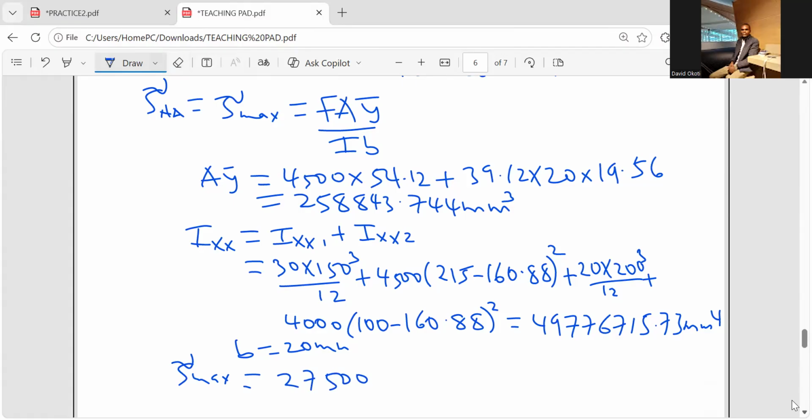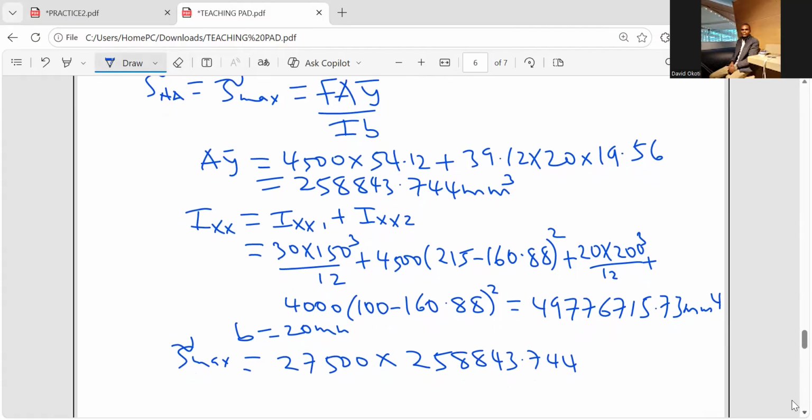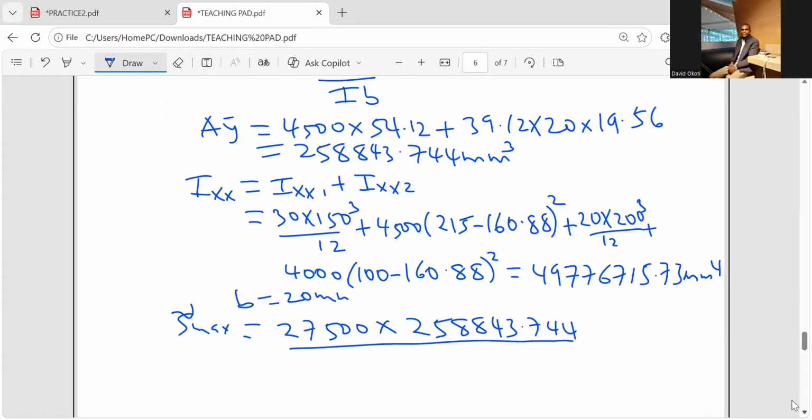We've converted from kilonewtons to newtons, times A y bar. A y bar we had as 258,843.744. That is F times A y bar divided by our I, 49,776,715.73, times our B, which is 20. What we'll get will be in Newton per millimeter square because we converted everything to newtons.